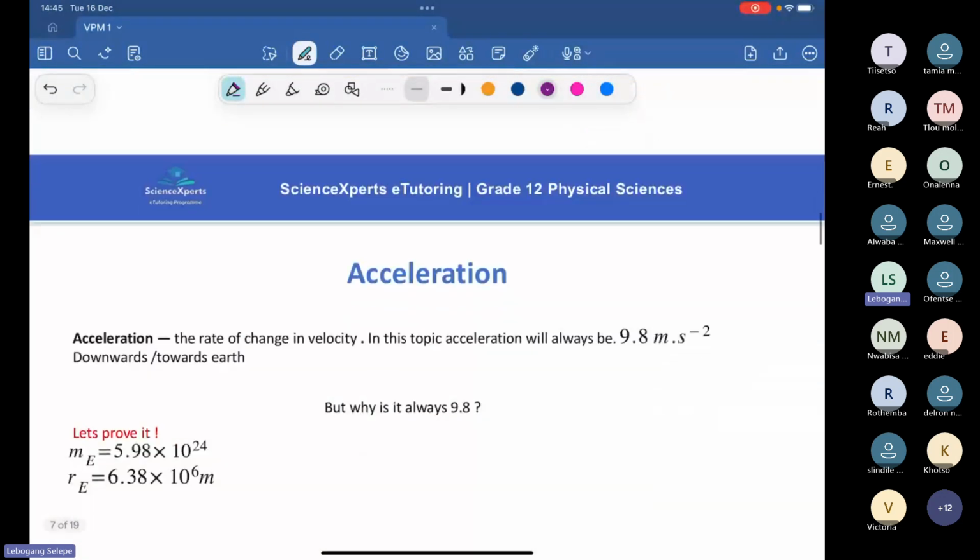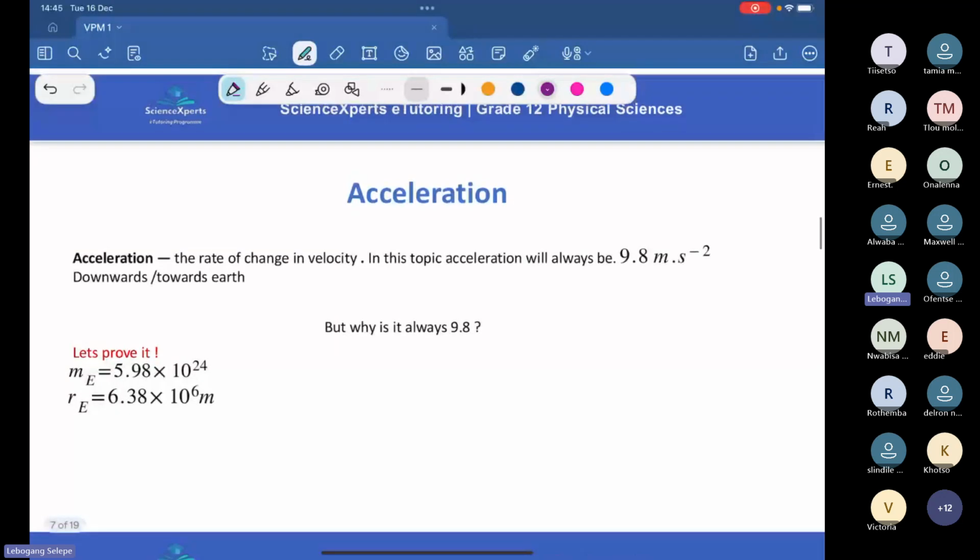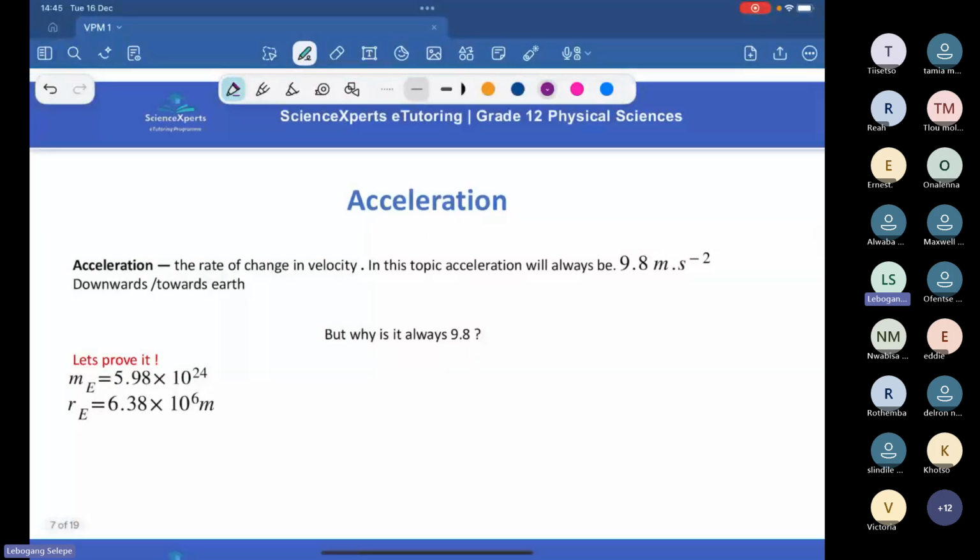All right, so acceleration, we can't relate it to any other concept, so we're just going to study it alone. Acceleration is the rate of change in velocity. It's the measure of how fast an object is speeding up or how fast it's slowing down.